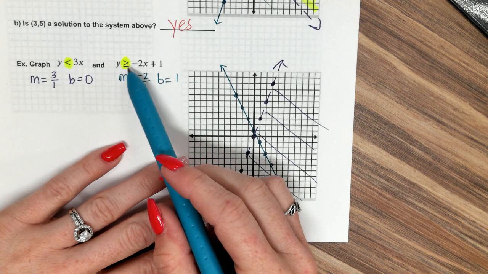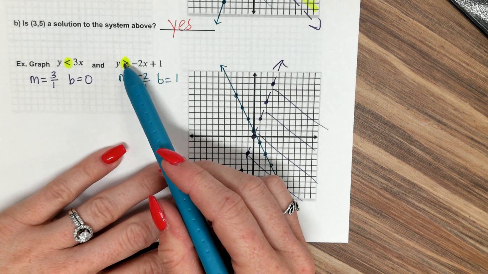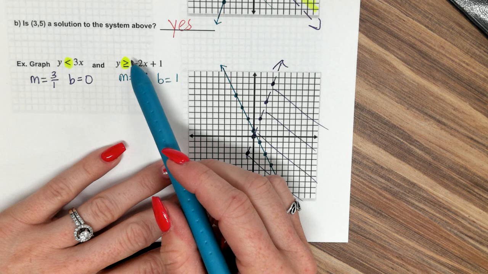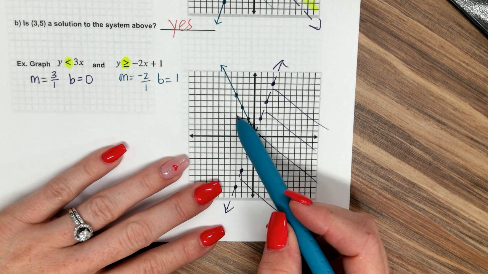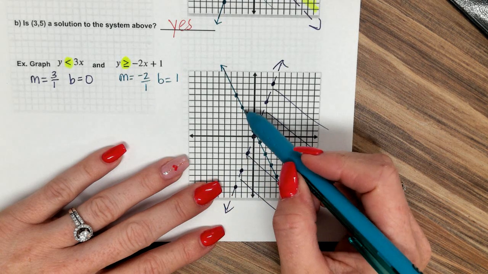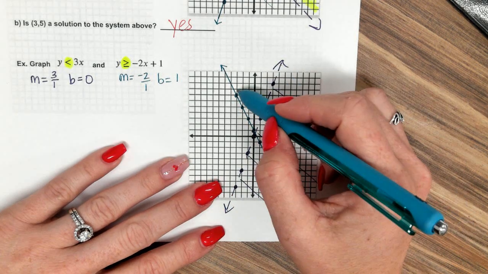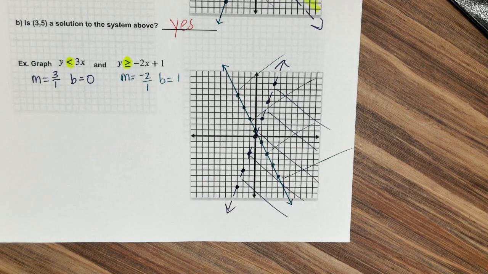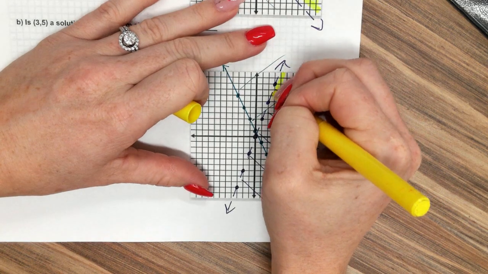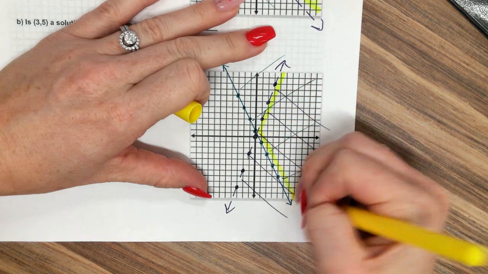Okay, look at the sign. It says greater than. So we're going down to the ground or up to the sun? Greater than is up. From this side of the line, can I go up? No. From this side, can I go up? Yes. Okay, now find where they overlap, and that is your solution. So from here, all of this stuff.